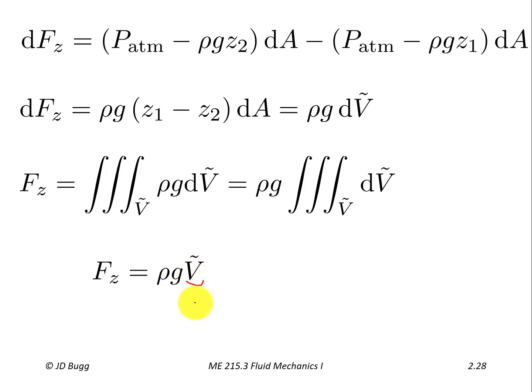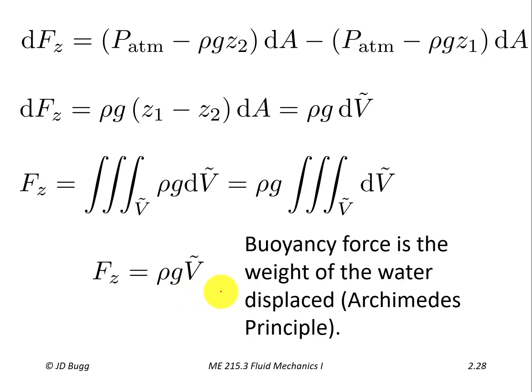So that's the volume of the object multiplied by rho g gives a force, the weight of the fluid displaced by the object. And this is known as Archimedes' principle. So buoyancy force is the weight of the fluid, this should say, it doesn't have to be water, displaced. And that's Archimedes' principle. Now realize that this is true even if the object is partially submerged.